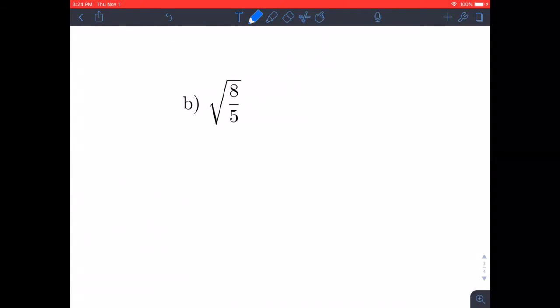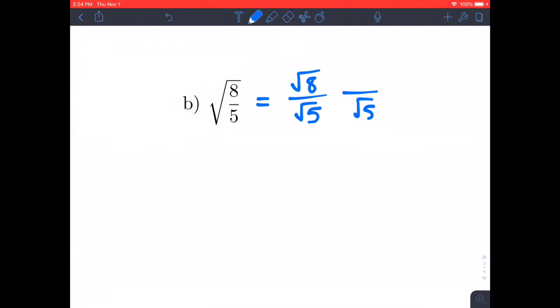Square root of 8 over 5. This is the same as square root of 8 over square root of 5. And we don't like having the square root in the denominator, so on these we just multiply top and bottom by whatever square root is in the denominator, because on that bottom that gets rid of the square root. So on top we would have square root of 8 times 5, which is 40, and on the bottom square root of 5 times square root of 5 is 5.